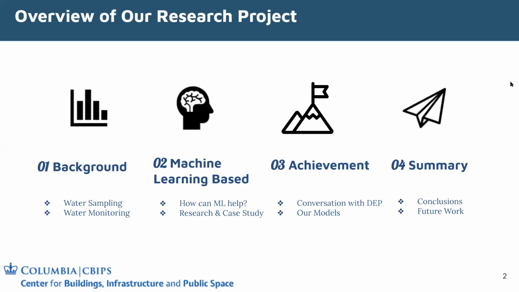There are some highlight points, such as the process of the water sampling and the water monitoring. And we're going to talk about machine learning: how can machine learning help? We're going to show you our research and our case study. For part 3, we're going to show you our conversation with the DEP and our models. And finally, we're going to talk about the conclusions and the future work and trend.